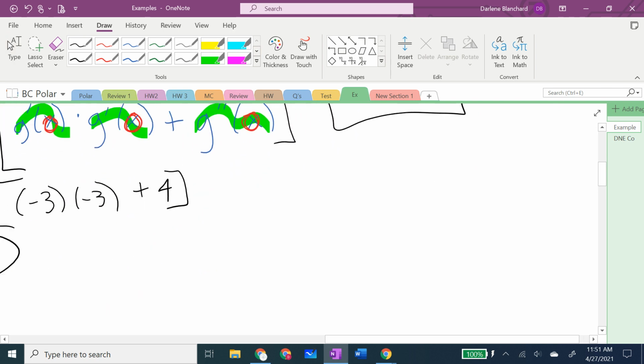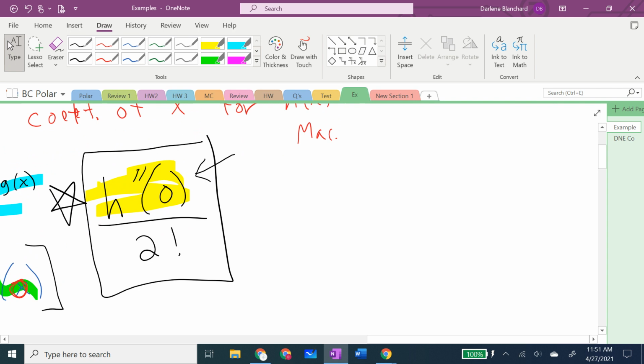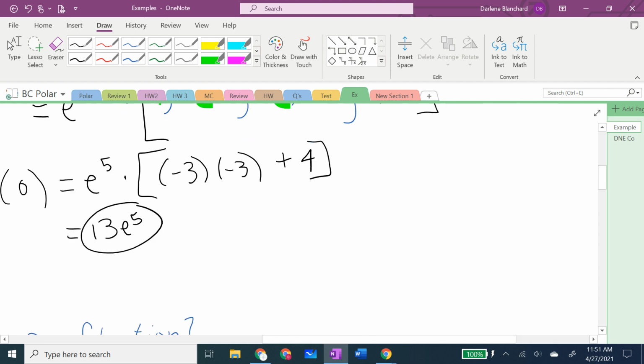So what was that again? 13 e to the 5th power divided by 2 factorial. That is the coefficient. And that was going about it relatively quickly. So anyway, I think that's a really good problem to see how to do.